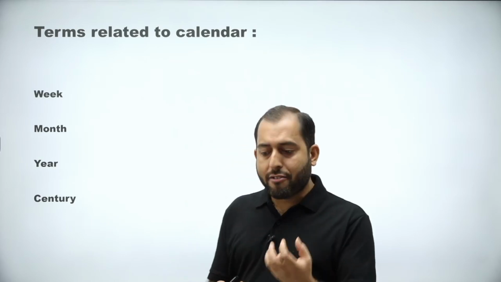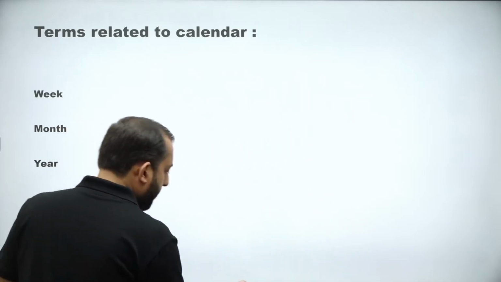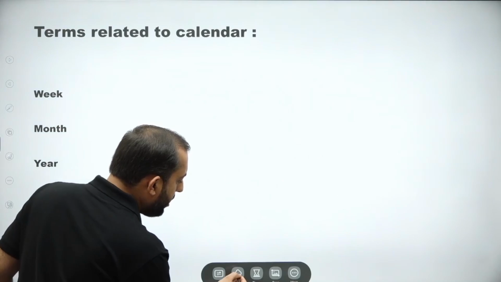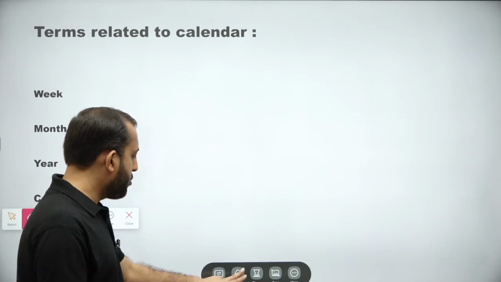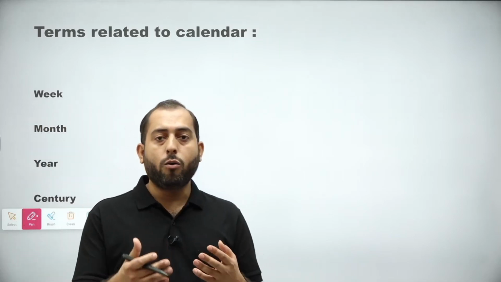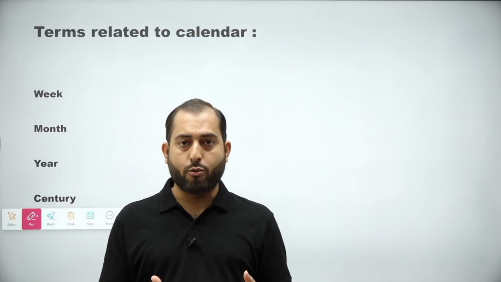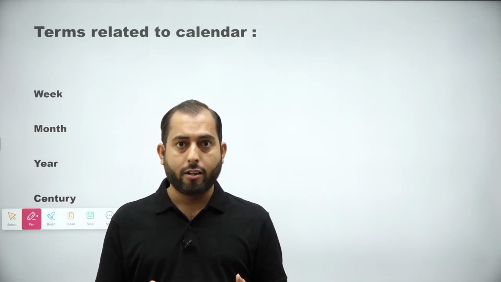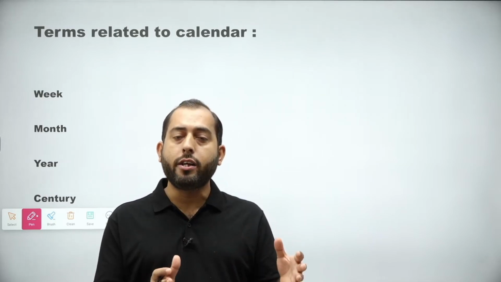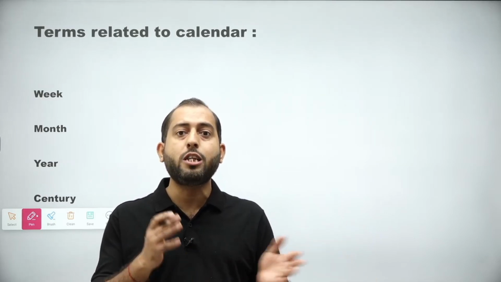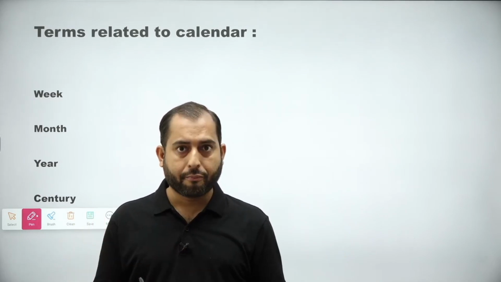And then we have century. Century is a collection of 100 years. So right now we are in the 21st century. The 21st century is the collection of all the years right from 2000 till 2099.